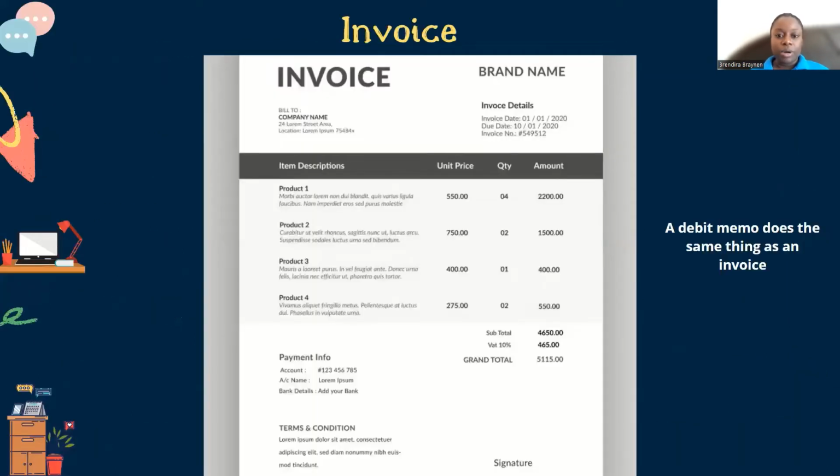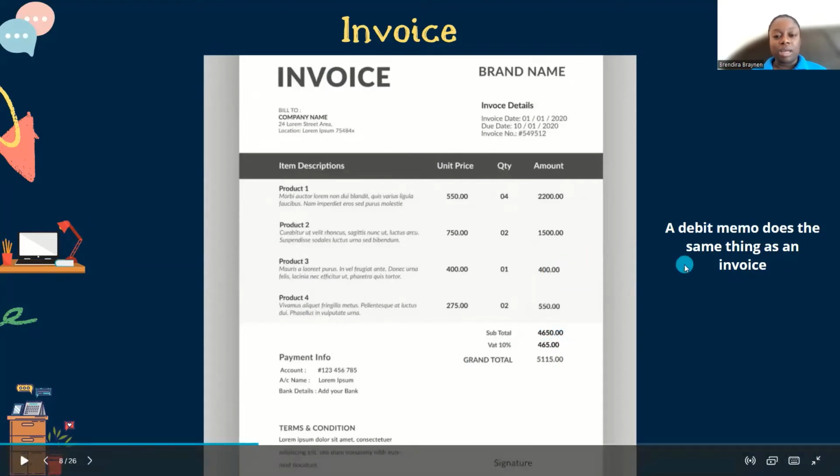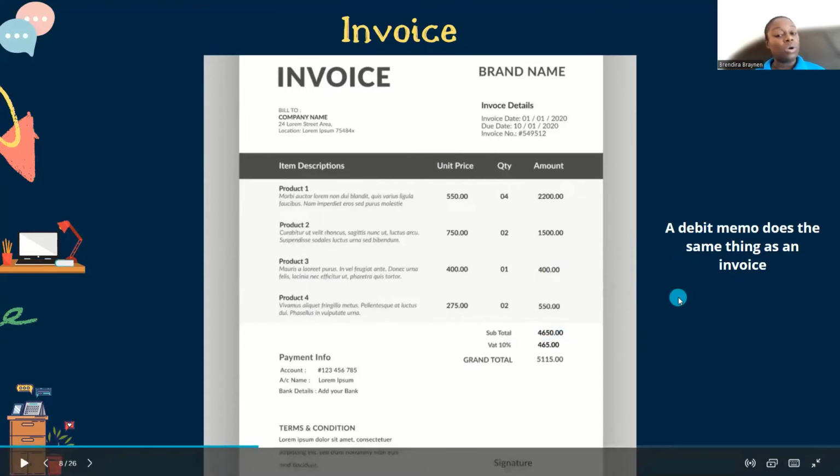And so I just wanted to point out key documents from the accounts department. We have an invoice, which is just going to show your customer exactly what they purchased. So if they purchase products, it's going to list everything that's purchased. So think of a receipt. An invoice is kind of like a receipt, just that it's normally on bigger paper. And normally an invoice is created when the person is buying something on credit.